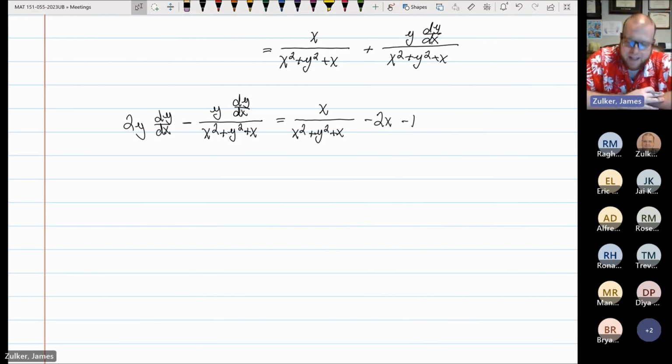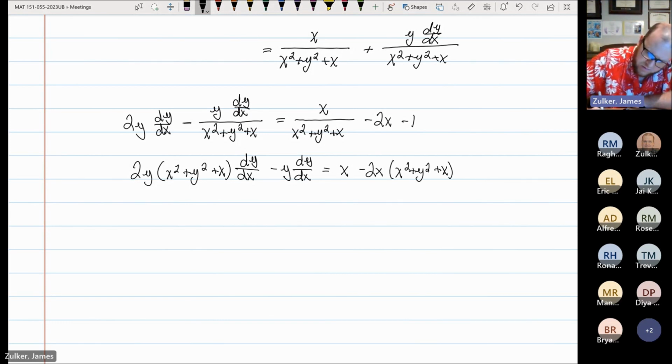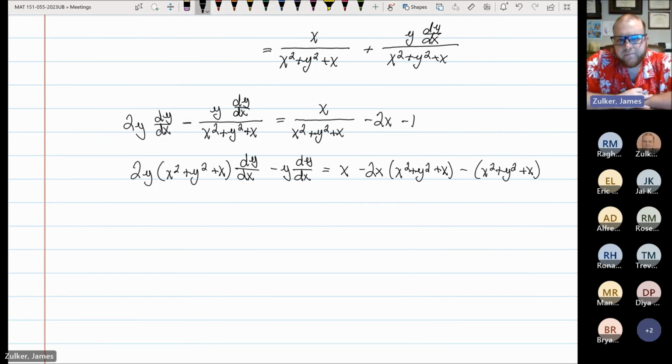I'm going to go ahead and multiply everything through by x squared plus y squared plus x. Factor out dy dx. At the same time, let's try and simplify.